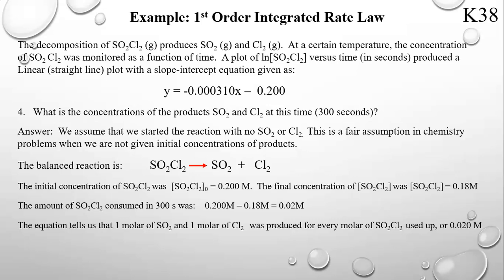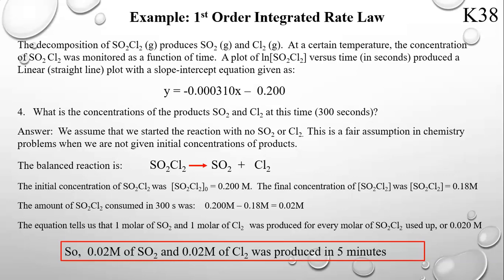So you end up with 0.02 molar of SO2, and 0.02 molar of Cl2. So 0.02 molar of SO2 and 0.02 molar of Cl2 was produced in 5 minutes.